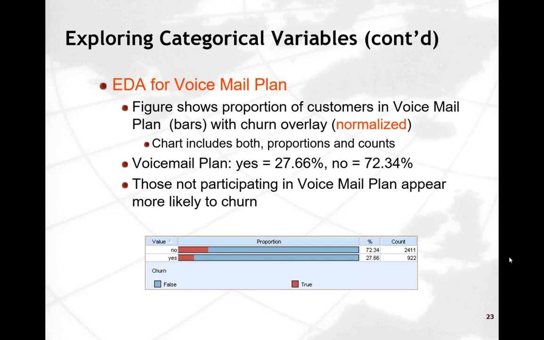Okay, let's come back and let's finish off exploratory data analysis. So let me remind you what we discussed last time, right? We're trying to find useful variables to predict churn, right?